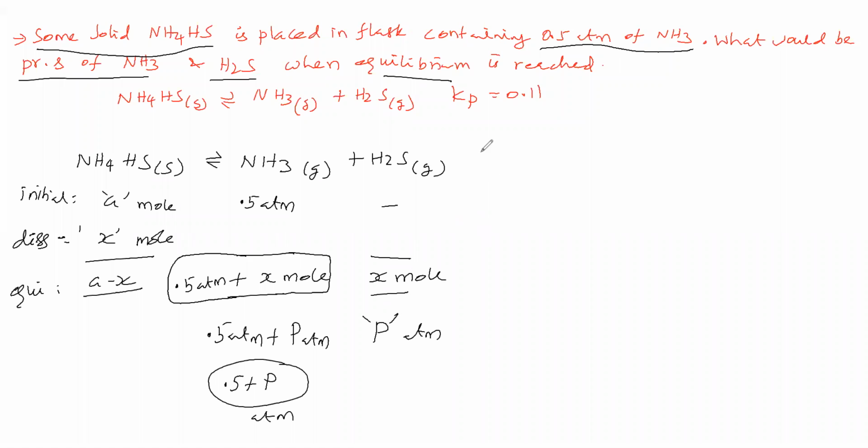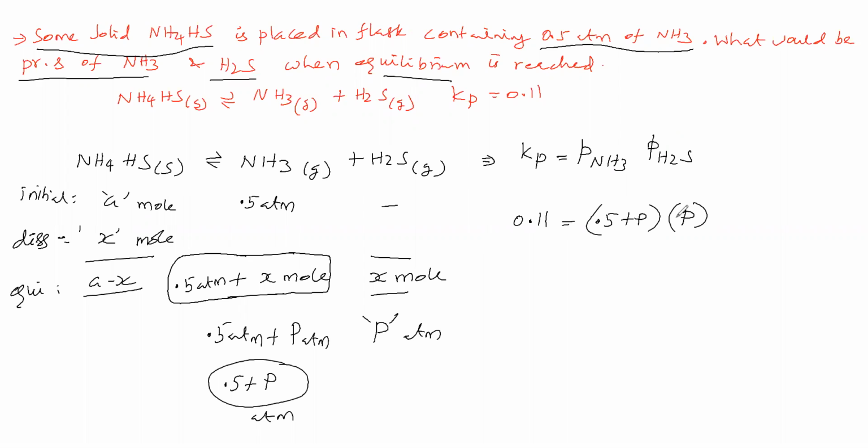So now we go for Kp. Kp is the partial pressure of ammonia times the partial pressure of H2S in the numerator; the left side is solid, its active mass is 1, so we need not consider it. Substituting: Kp is given as 0.11, partial pressure of ammonia is 0.5 plus P, and partial pressure of H2S is P. On simplifying, P is 0.1653 atmosphere, the partial pressure of H2S.